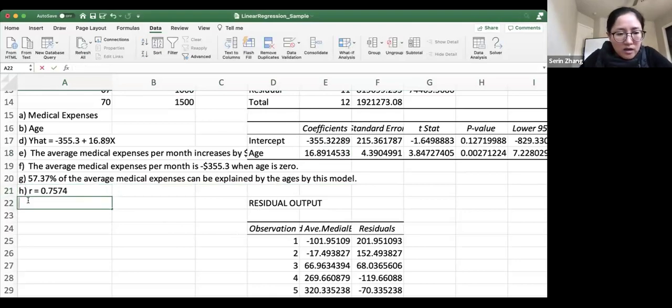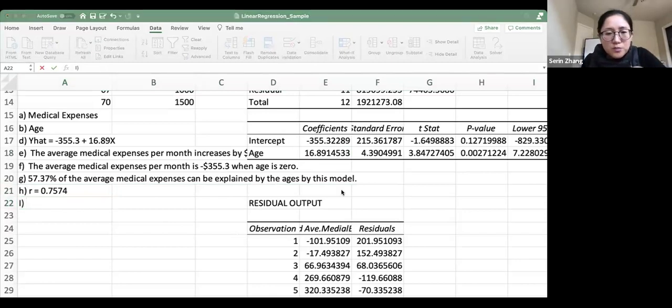And for the last part, I: what is the predicted value for 40 degrees? That's the question for the data in the lab assignment, but we don't have 40 degrees here, so just think of this as the age of 40.